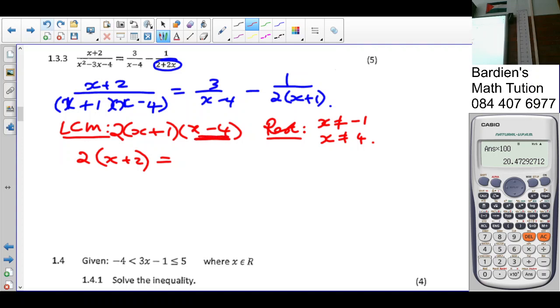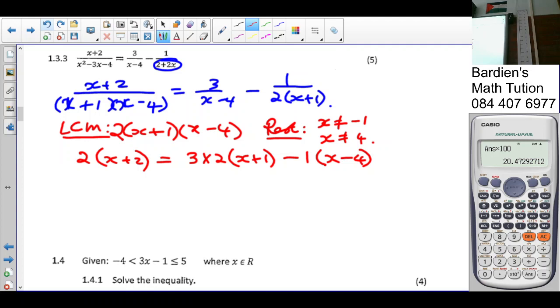Because there the x minus 4 is accounted for. Okay, so it's 3 times 2 into x plus 1. What must that be multiplied by? X minus 4. So when they write this out straight, they write minus x minus 4. That's a mistake. Common mistake.